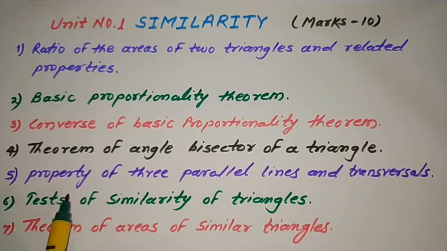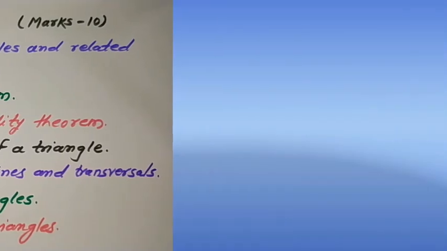Fifth, property of three parallel lines and transversal. Sixth, test of similarity of triangles. And last one, seventh, theorem of areas of similar triangles.